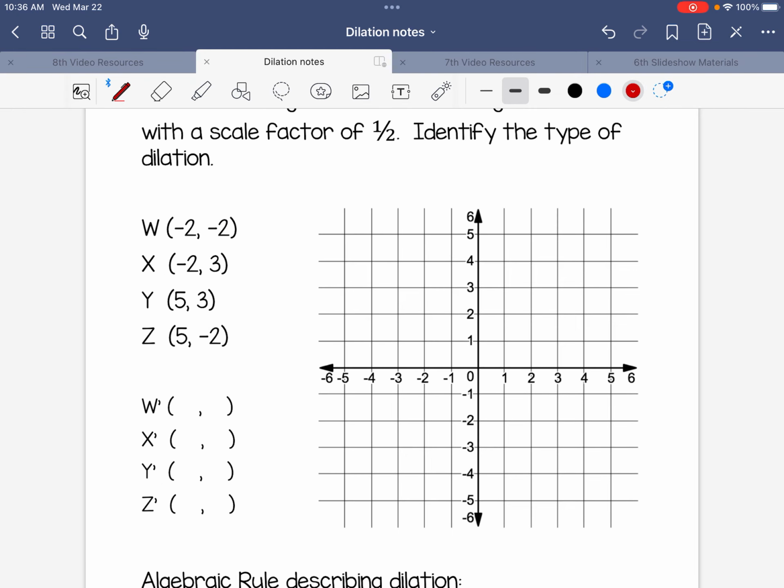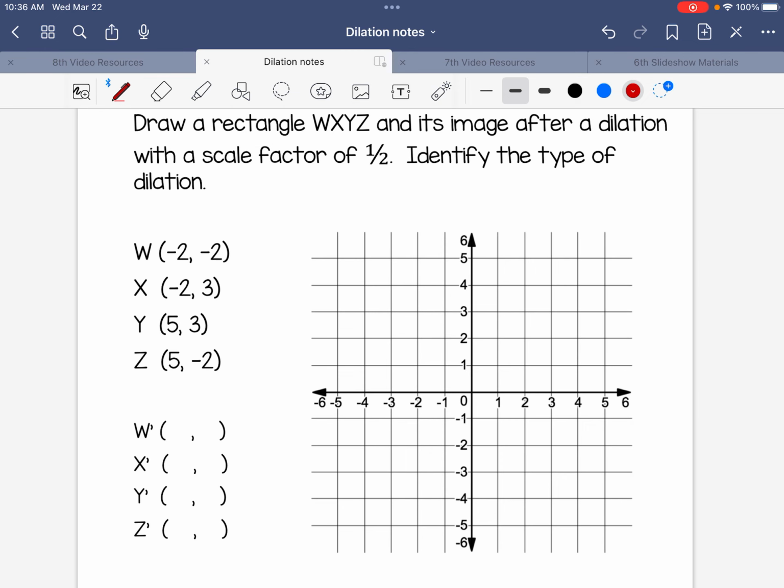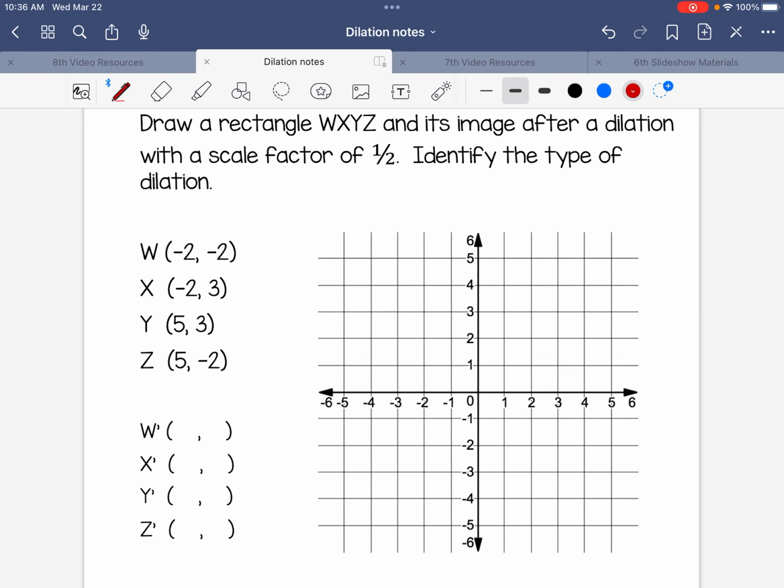And we're going to look at one more. We're going to draw the rectangle WXYZ and its image after a dilation with a scale factor of 1/2. Well, 1/2 is between 0 and 1, so I automatically know this is a reduction. And I'm going to plot the points. W is at (-2, -2).